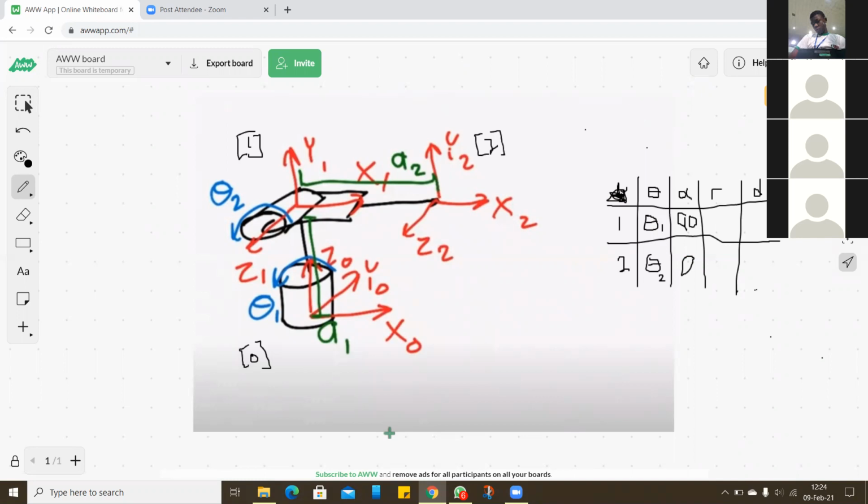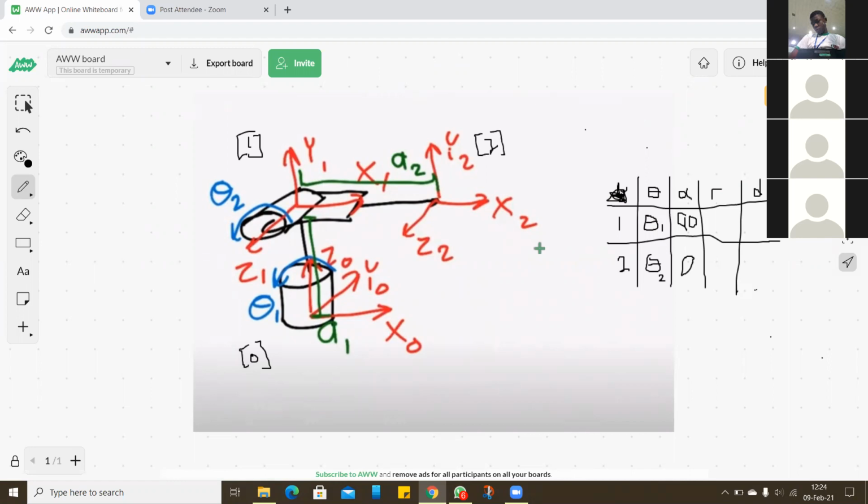Displacement parameter. I wrote D first, let me just stick with the one I used in that tutorial video. R and D. Some people call this A, but R is part of our displacement parameter. It's our link length, and D is the displacement vector.